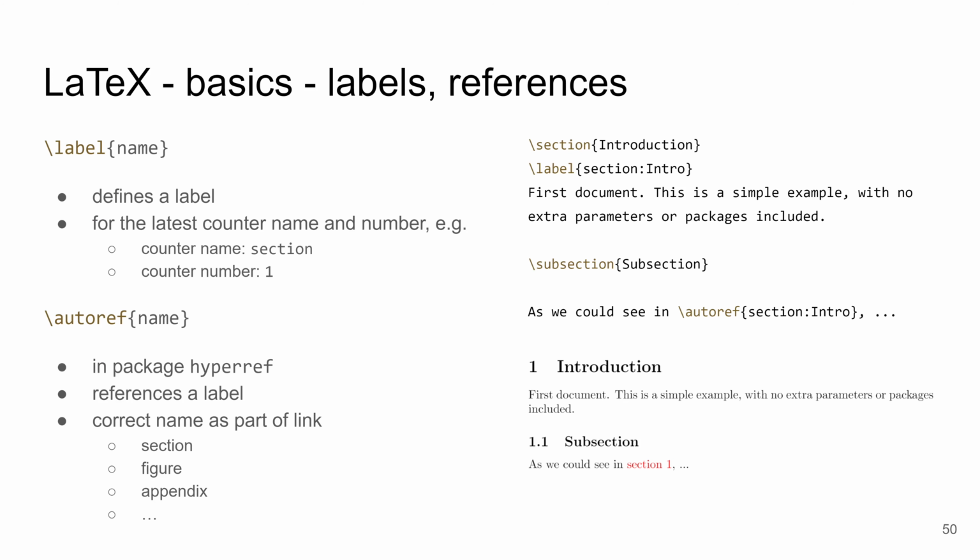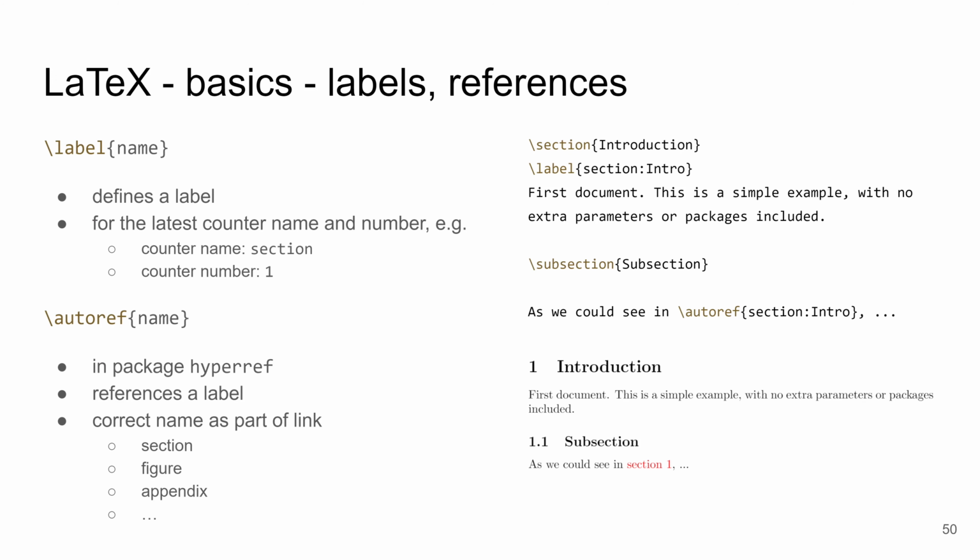Now, it may happen that you want to reference or link from a part of a text to another part of a text. In LaTeX, for that, you first need to define a label, which basically says, I want to create links or references that lead here. And then when you create those references, you do that by the autoref command or a ref command, but autoref command is smarter.